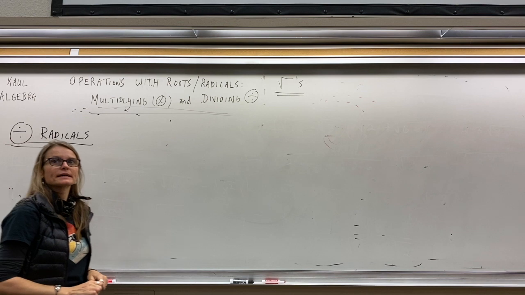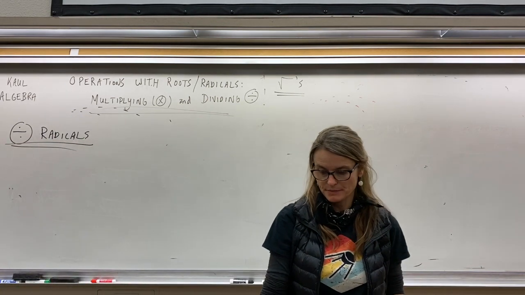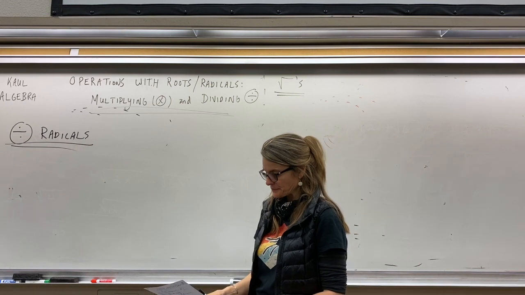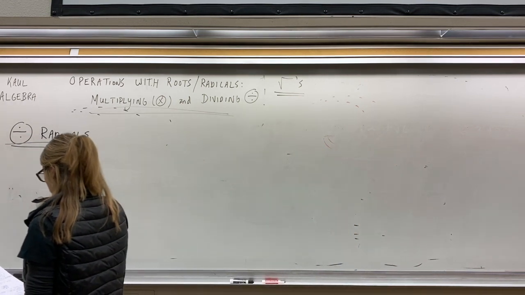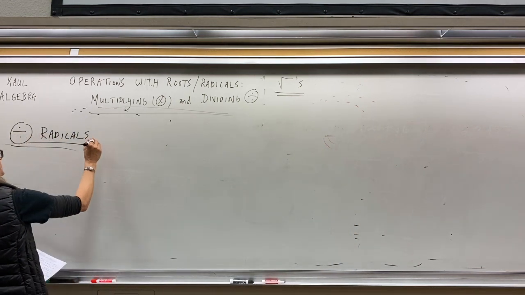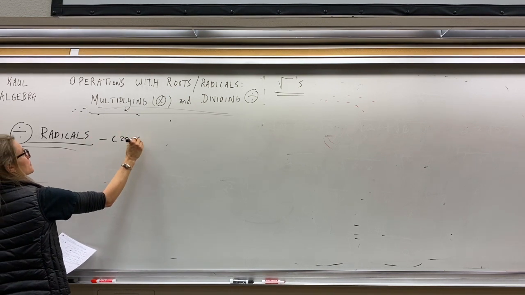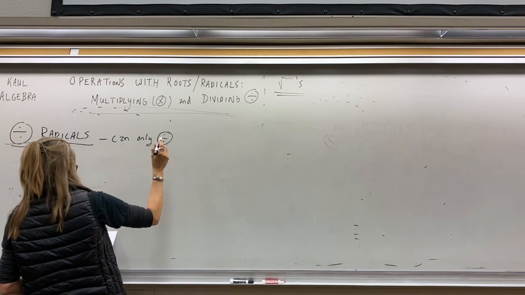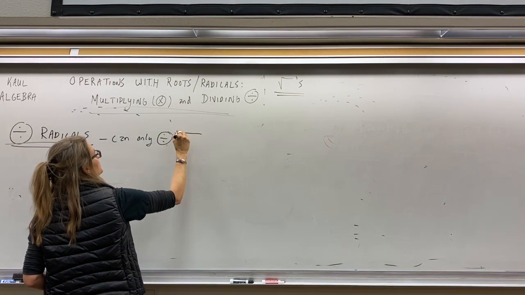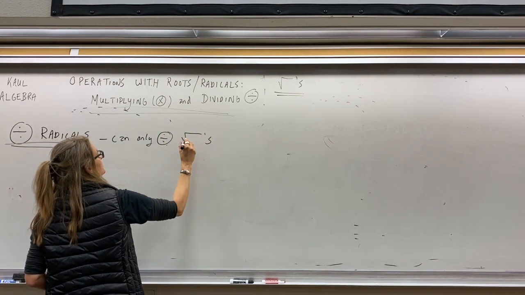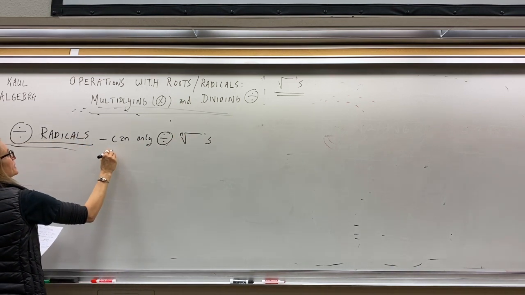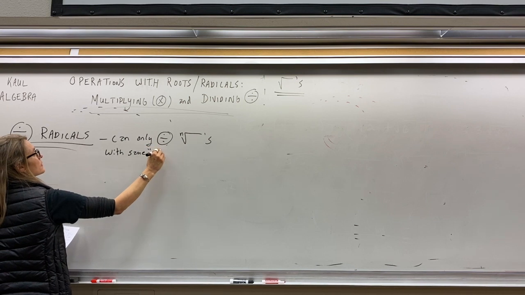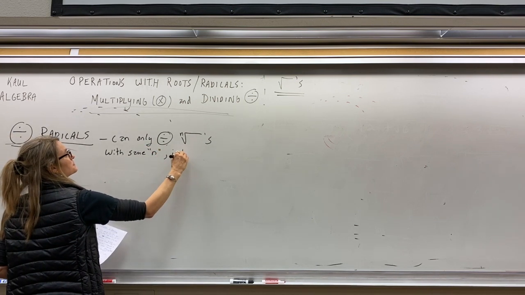Some of the same ideas apply, which is make sure that you have the same index number. Again, you can only divide square roots with the same n, the index.